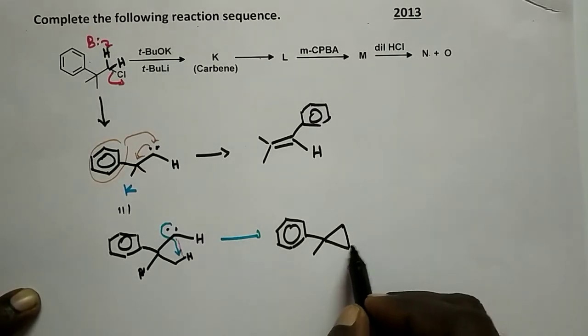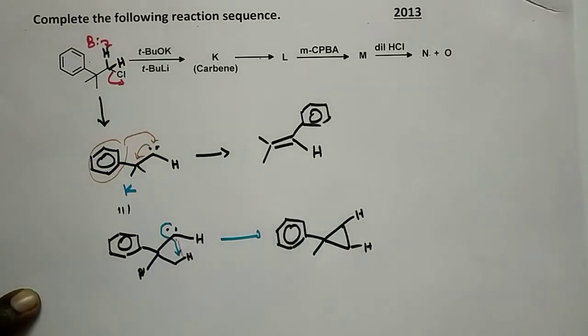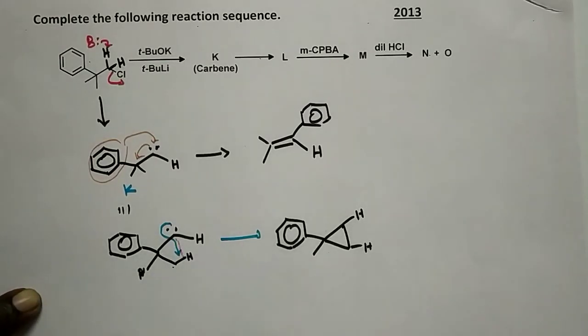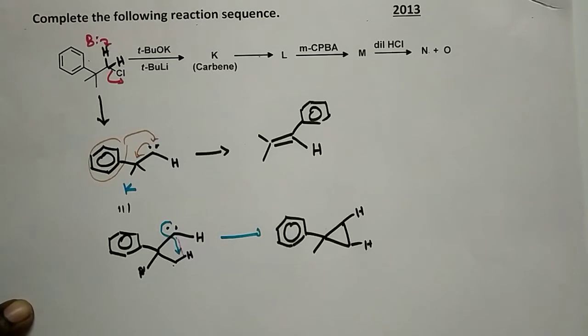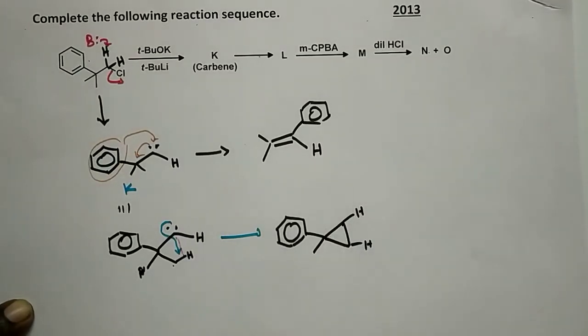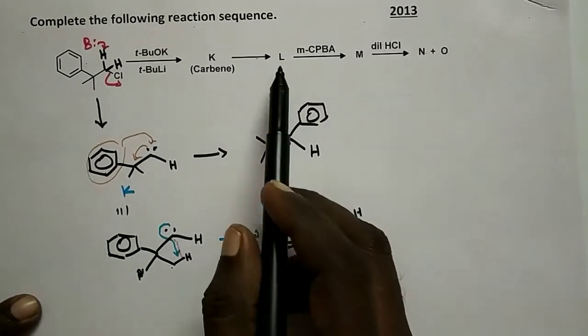The hydrogen is here, and maybe this hydrogen is also here. You understand? So in between this carbon and hydrogen, this carbon inserted. As a result, I get a cyclopropane.